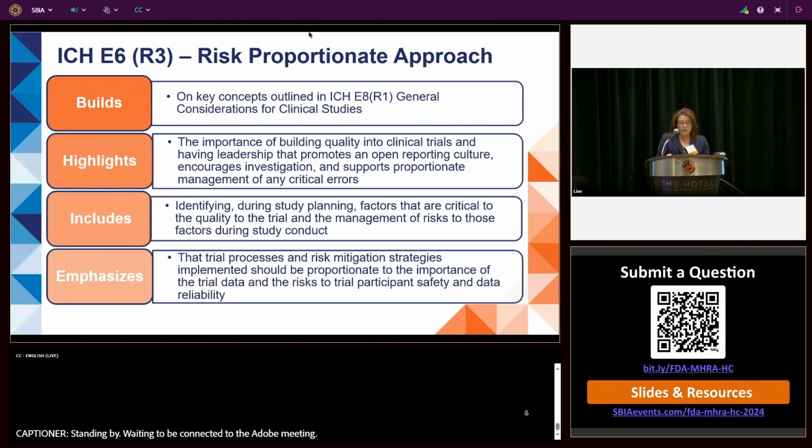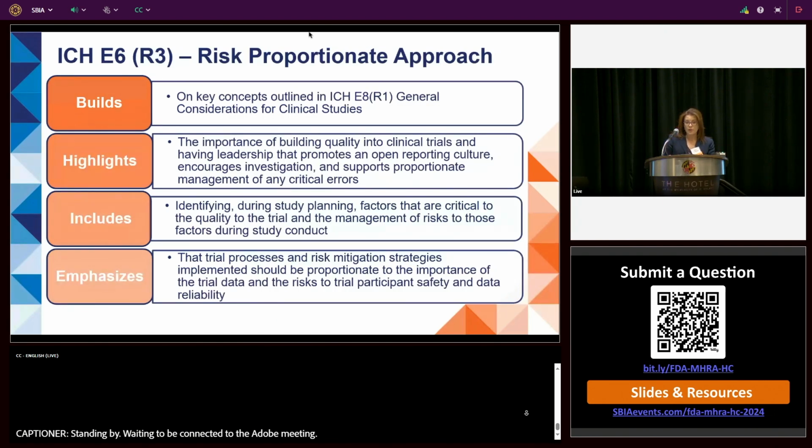I think it's important for us to understand that this risk proportionality provides flexibilities when applying the GCP guideline to the design and conduct of the clinical trial. And since this is a major theme in our session today, before we get started, let's just take a moment and talk a little more about how this risk proportionality concept is presented in E6R3.